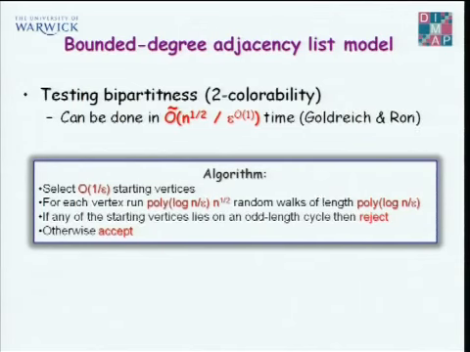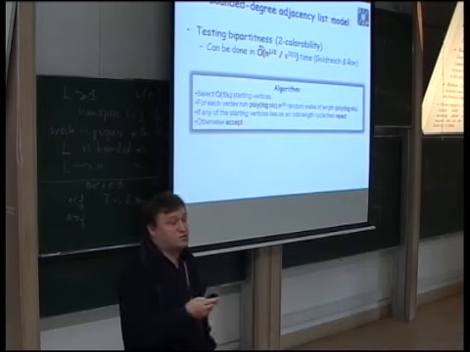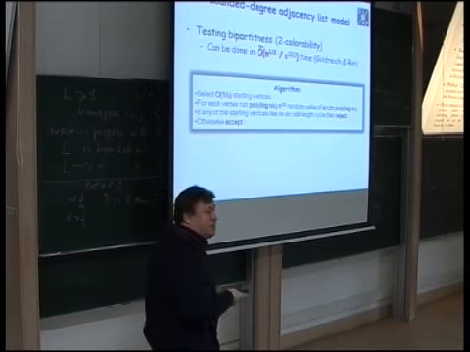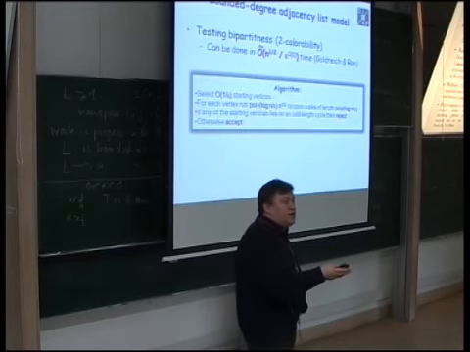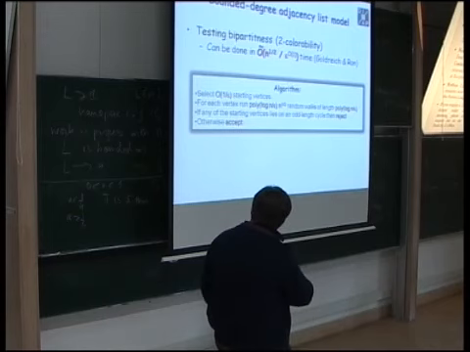Then you analyze the graph induced by the edges that you visited. If in this graph you find an odd length cycle, you reject the graph, because of course the graph is not bipartite. But if every cycle you found is of even length, you accept the graph.